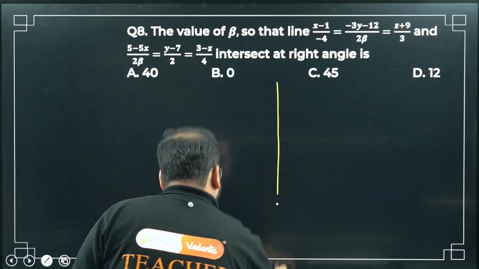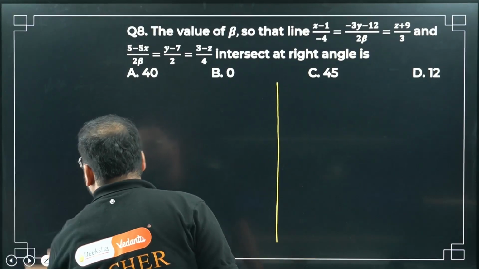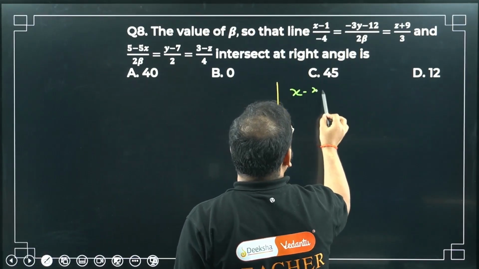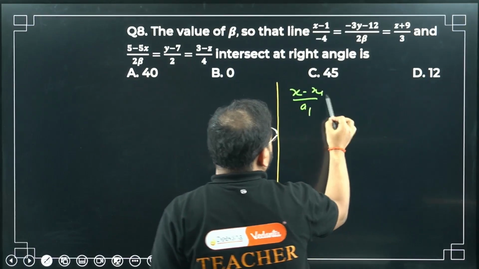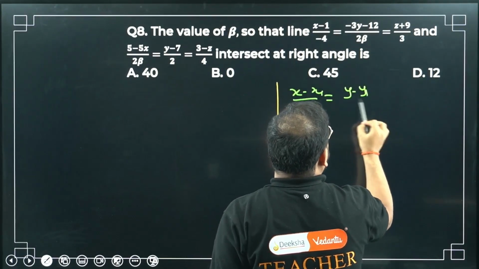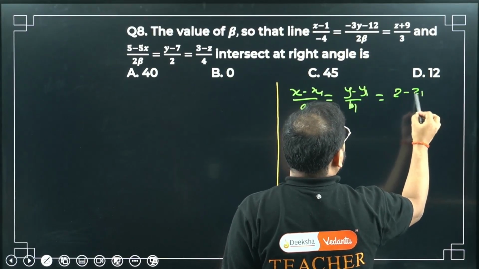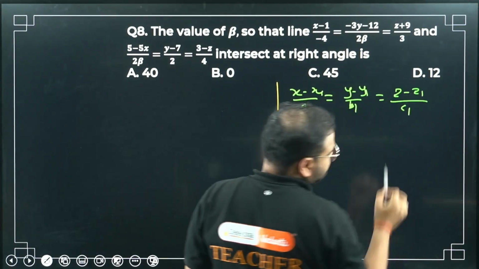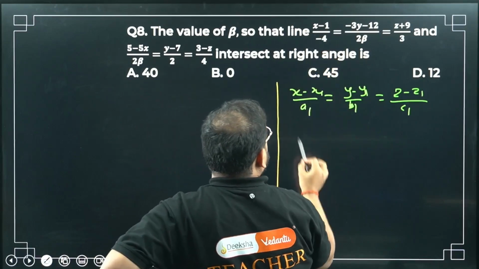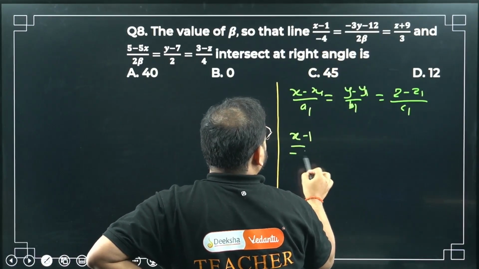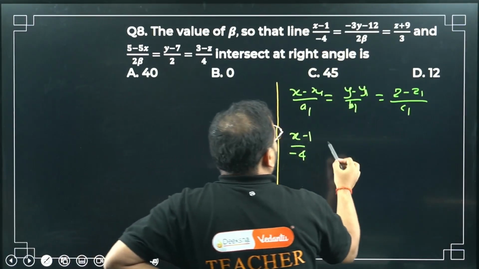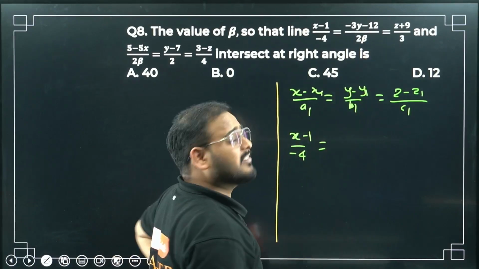But I have to make the standard form. How does the standard form look? If you remember, x minus x1 upon a1, y minus y1 upon b1, and z minus z1 upon c1. Let's write here. I already have this form, no problem. So x minus 1 upon minus 4 is in the form. What about this, sir? Minus 3 is there. Divide by minus 3.